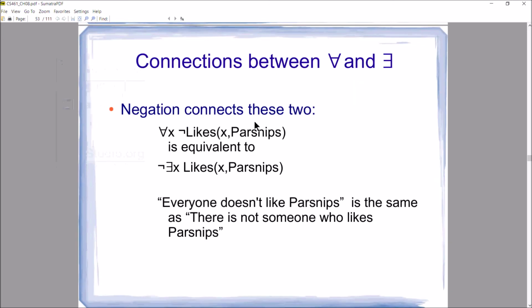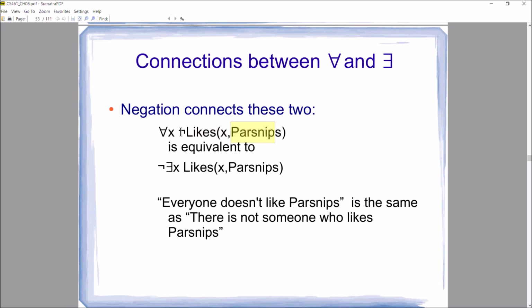So negation connects the two different types of quantifiers in maybe not such an obvious way. Take a look at the sentence right here. What this is saying is that there's nobody who likes parsnips. If you pull it apart, the function here is saying x likes parsnips.